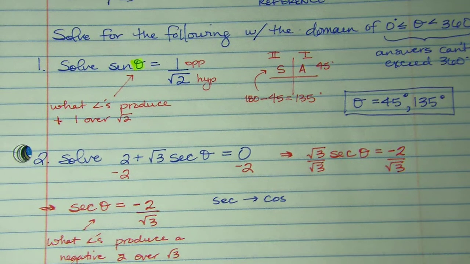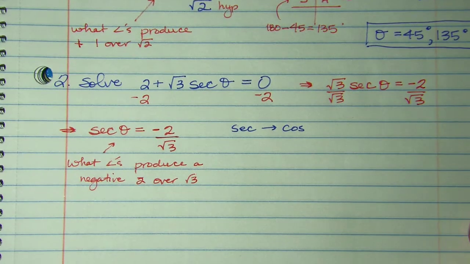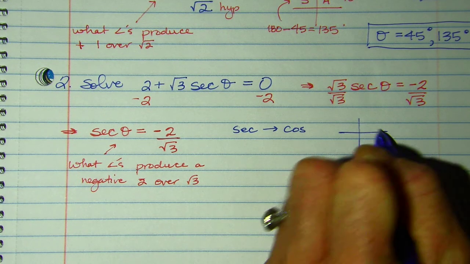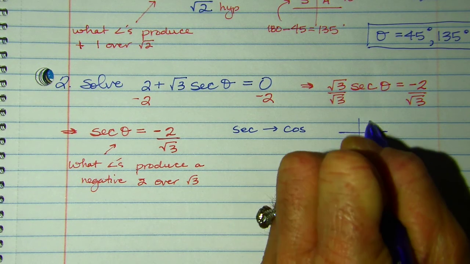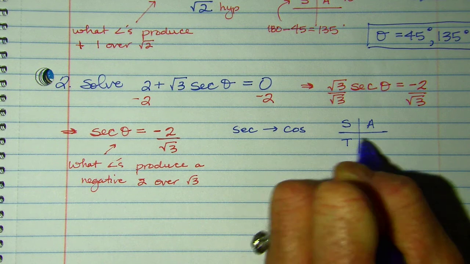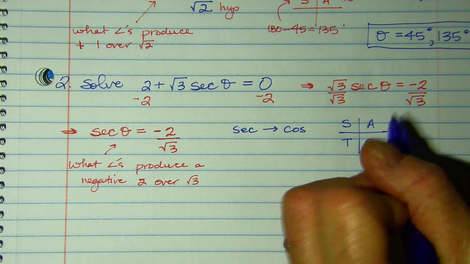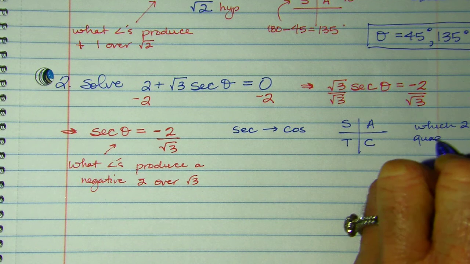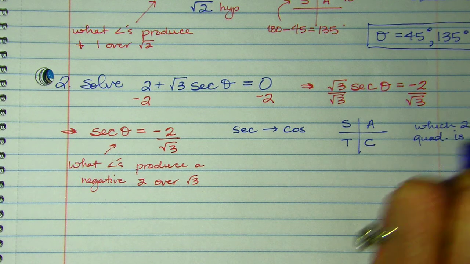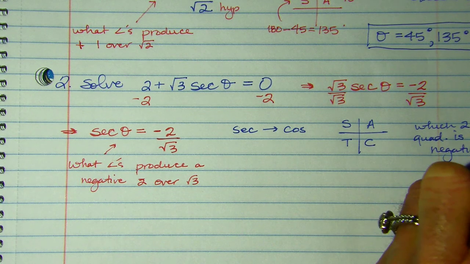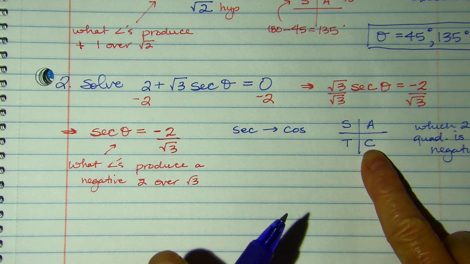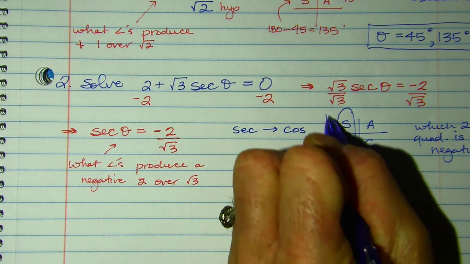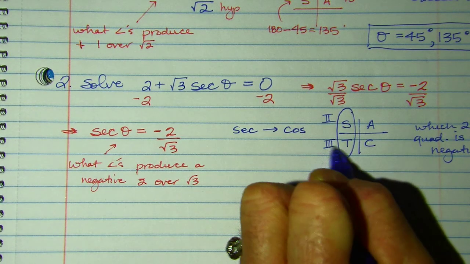I know that whatever quadrant cosine is positive in, so will secant. So all students take calculus. Now I'm looking for which two quadrants cosine is negative. Well, cosine is positive here and it's positive here. So I'm looking at these two quadrants, quadrant 2 and quadrant 3.